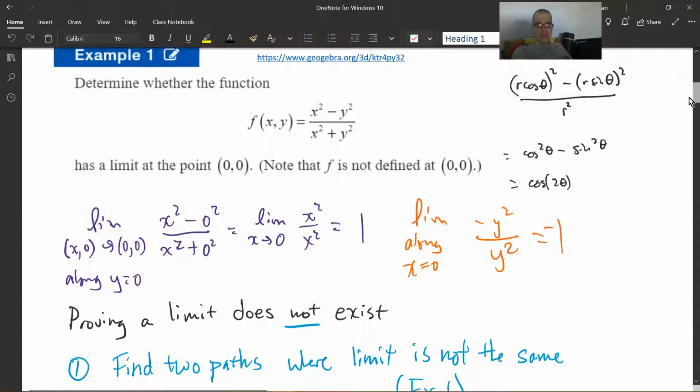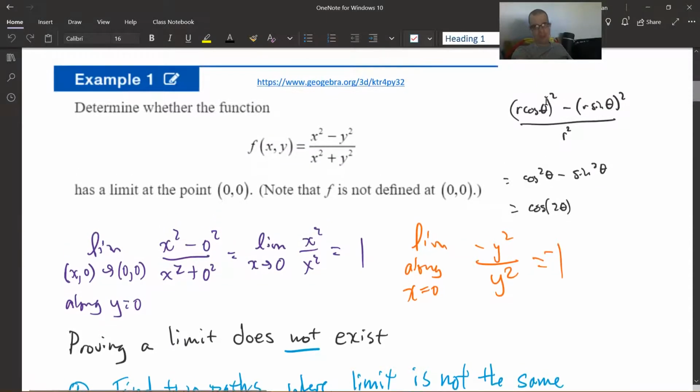Example 1's asking us to determine whether this function, the one that I was just showing you, has a limit at the point 0, 0. And note that this isn't necessarily defined at 0, 0, because if you make everything 0, you just get 0 over 0, and that's an indeterminate form. So there's not technically a function value at 0, 0.